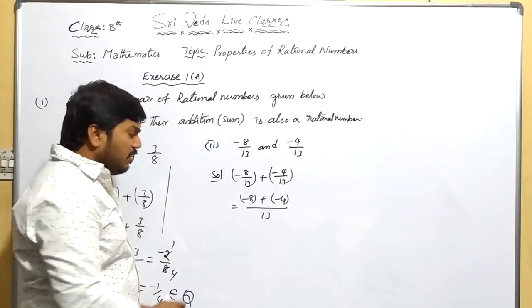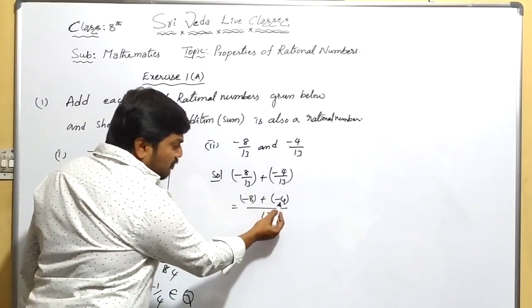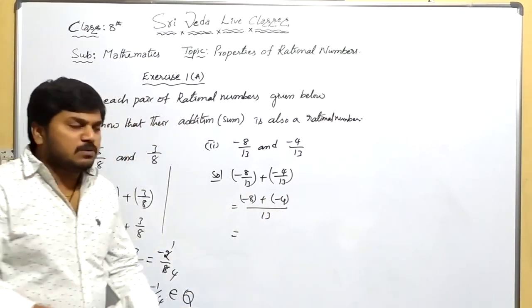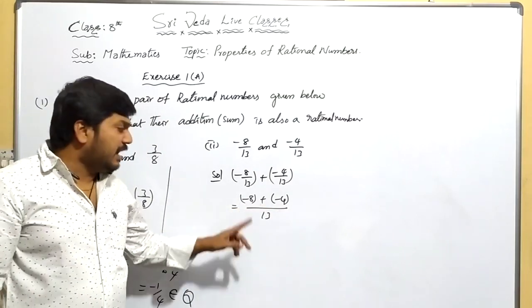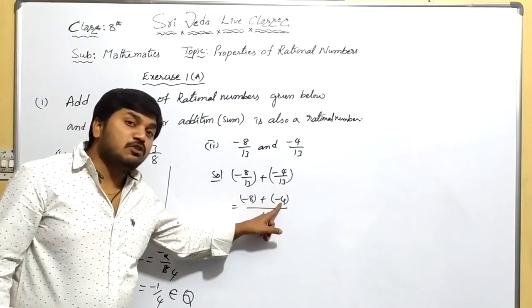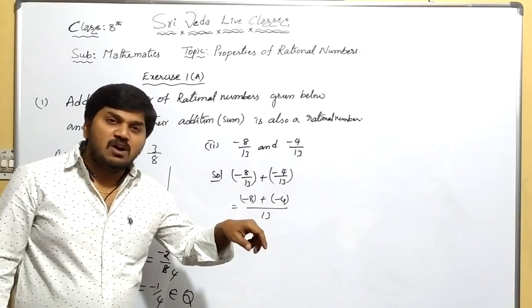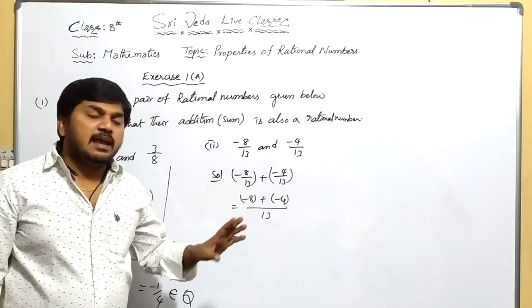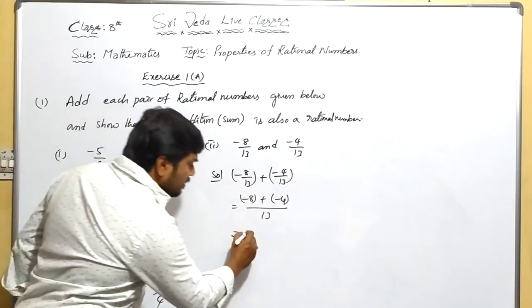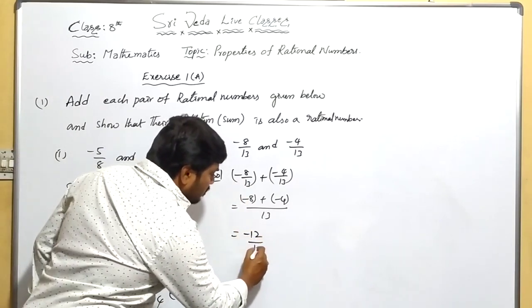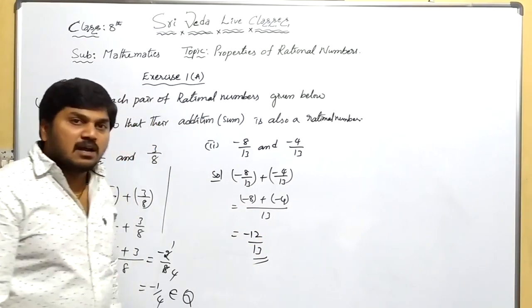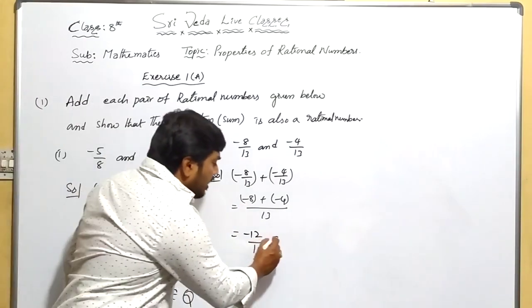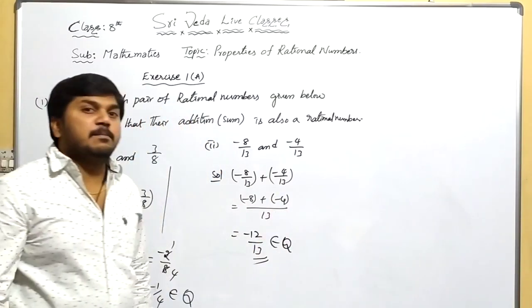Here we have 8 negatives and 4 negatives, all together negatives, so adding them gives minus 12 by 13. Minus 12 by 13 is also a rational number.